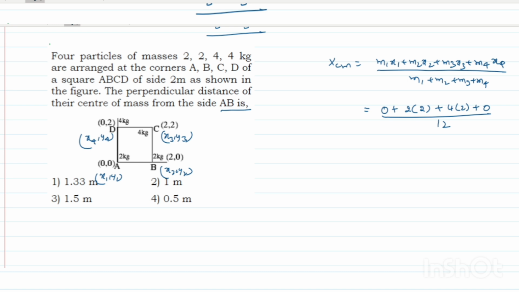So 4 twos are 8, 8 plus 4 is 12, and 12 by 12 is nothing but 1.